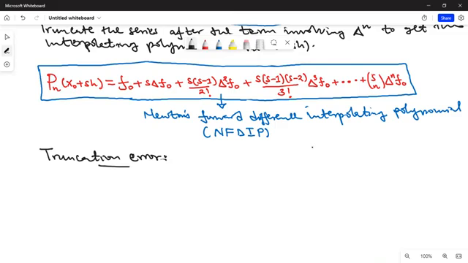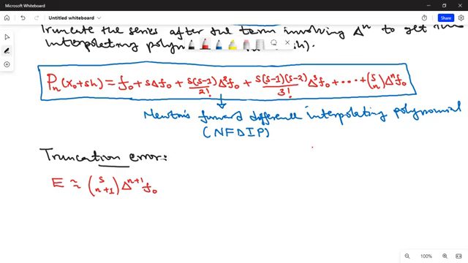How do we get it? The error, written as E, is approximately equal to s combination n plus 1 delta raised to n plus 1 operating on f naught.